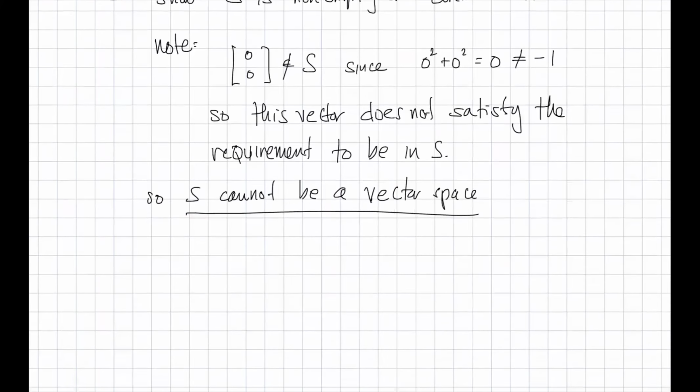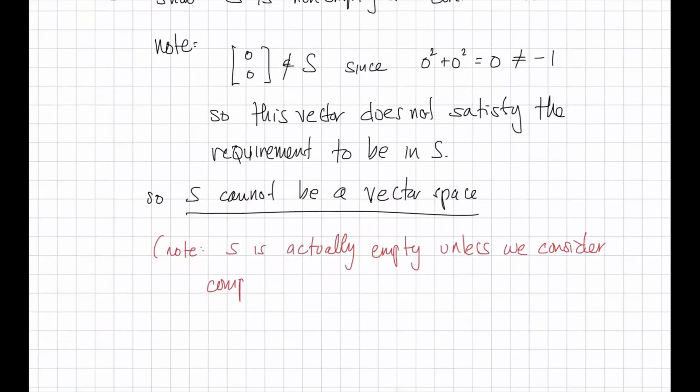We would say here, note, S is actually empty unless we consider complex numbers, which we're not doing in this particular example. I'm about out of time. We're going to do a bunch more examples tomorrow in class. I'll see you guys then. Stick around if you got any questions.